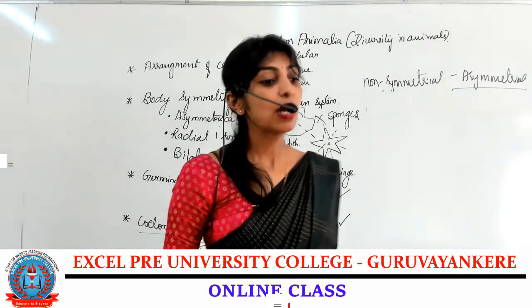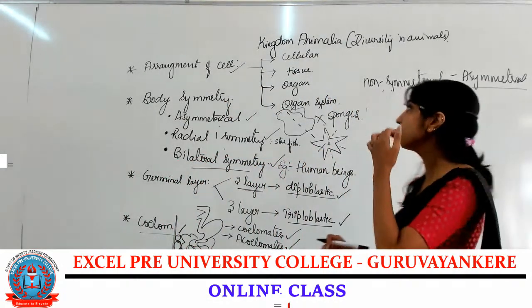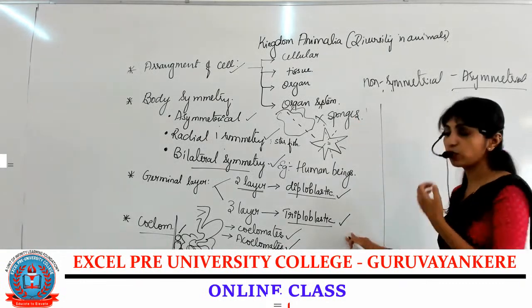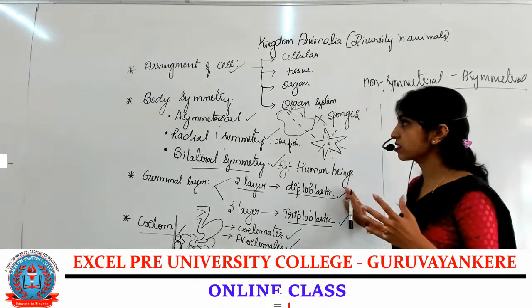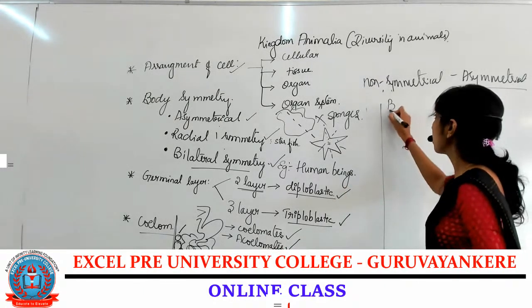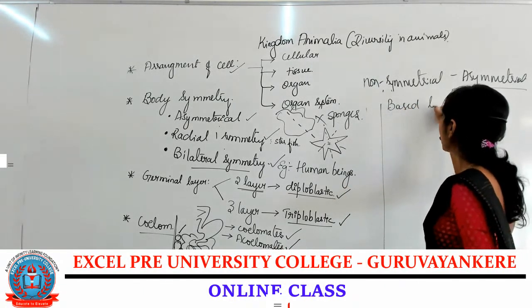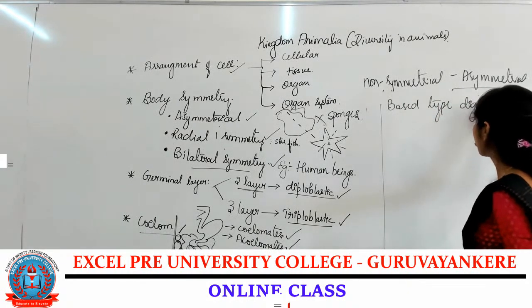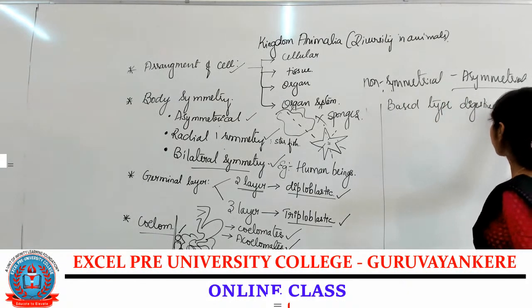Similarly, we have classification based on the type of digestive system. These are the points which I told you in the last class, and today we have discussed them in detail. Coming to the next one, that is based on the type of digestive system. I'll explain about the digestive system here.